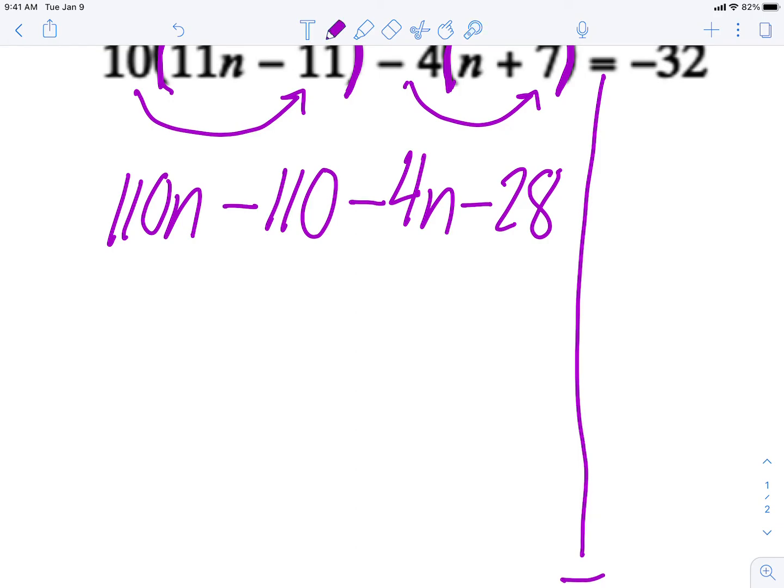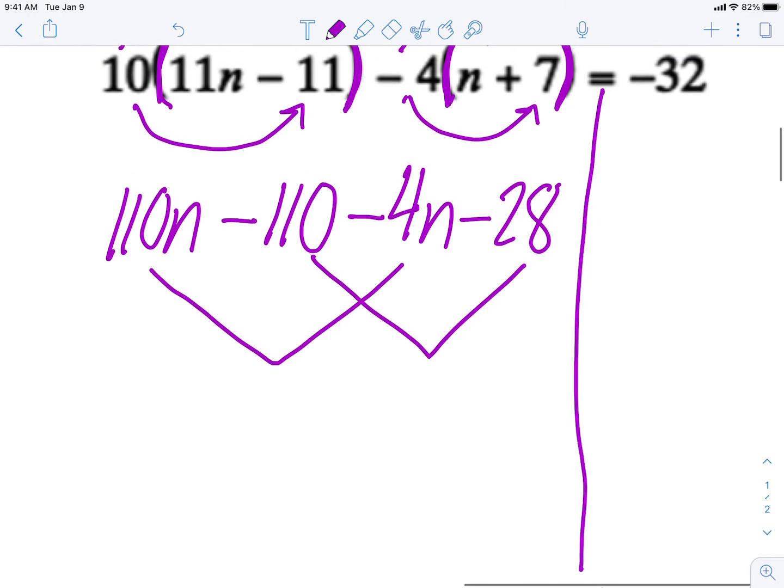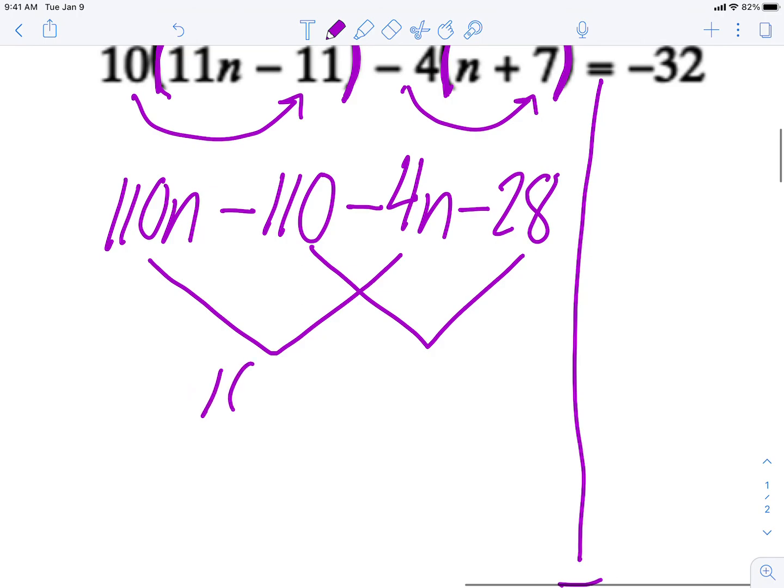So 110n goes with negative 4n. Negative 110 goes with negative 28. So 110n minus 4n is 106n. Right? So we did 110n minus 4n is 106n.